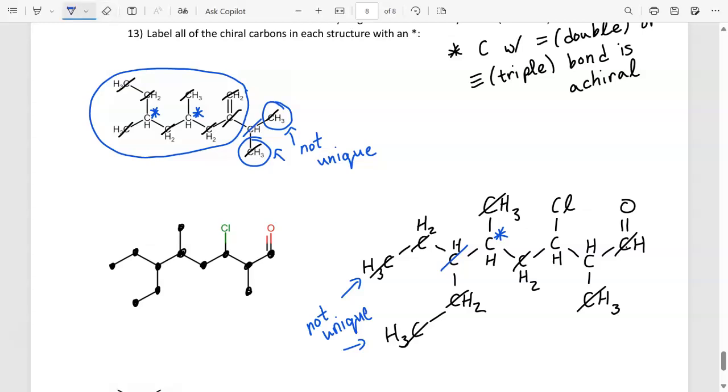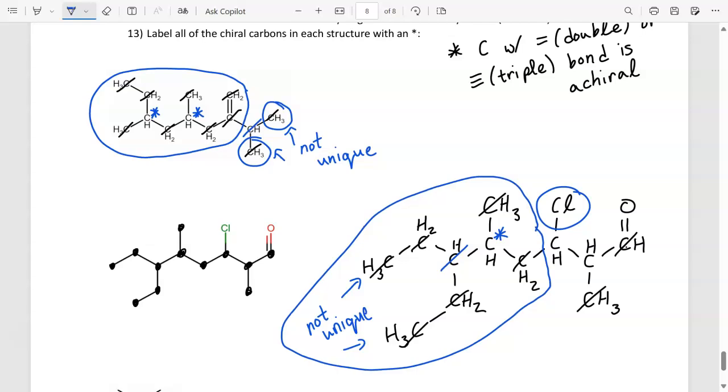So we're looking at this carbon here. It's attached to a chlorine, which is different than the left side, and the left side is different than the right, again, because you have different numbers of carbons, you have an oxygen, those 3 chains are different. Okay, so that means that this carbon is also chiral.